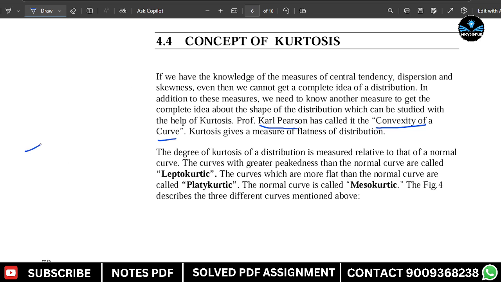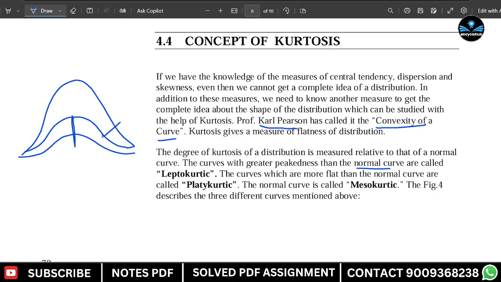So in this one, we have a simple curve. It can be bigger or it can be less big. So these are the kurtosis types. So this is the normal curve. It is called leptokurtic. This one is leptokurtic. The second one is platykurtic, which is the smaller one, like a platypus.